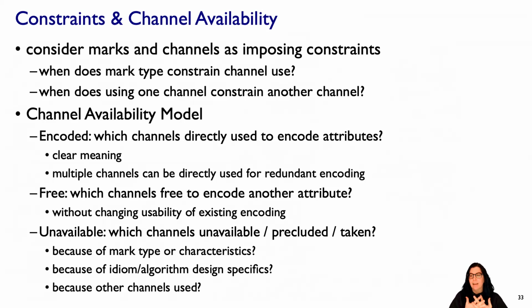You can't encode because something else is already happening in a way that gets in the way of using them with some other data. It could be because of the mark type or the mark characteristics. It could be because that's what the algorithm or the idiom does. That's how it's designed. Or maybe it's because other channels are used. So let's step through those possibilities.